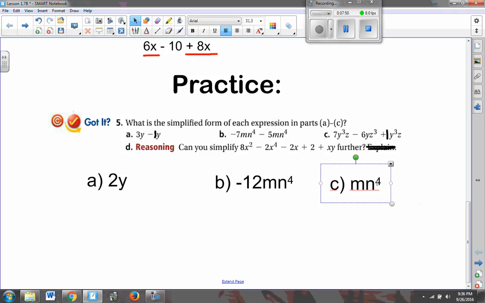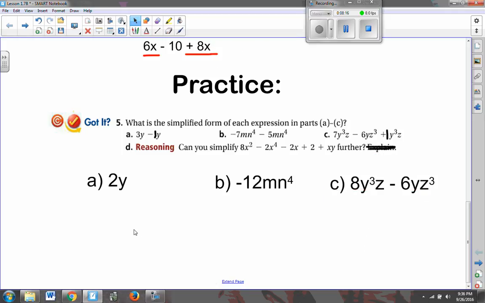So 7y to the 3rd z plus another 1y to the 3rd z at the very end gives me 8y to the 3rd z. And then I still have this minus 6yz to the 3rd.